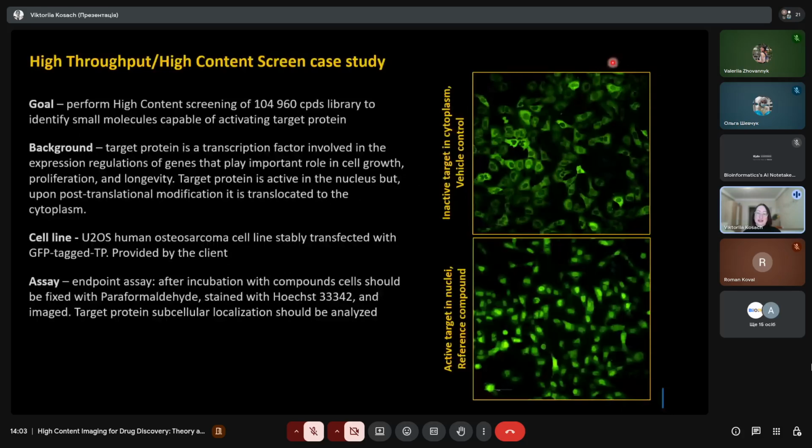It was already a fused fluorescent protein. The target was a transcription factor. It was active in the nuclei of the cells, but upon modification, the target was inactive and localized in the cytoplasm. So the goal was to find new compounds that could activate the target.